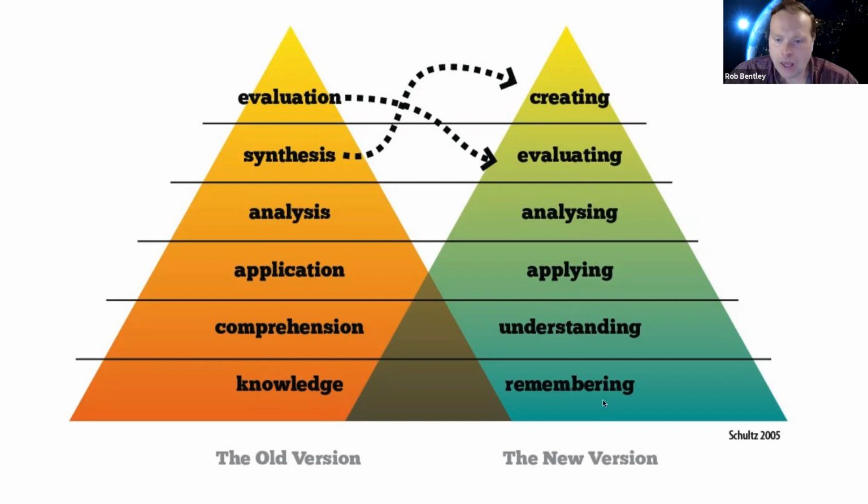And so, while all of these may be important, as educators, a lot of times we're trying to push our students to do some of these things toward the top: analyzing, evaluating, creating. And with this new version of Bloom's taxonomy, synthesis, which was the second on the list of the pyramid, was moved to the top and renamed creating.